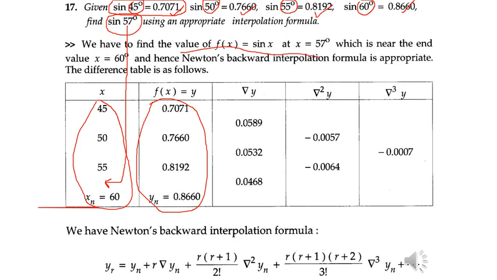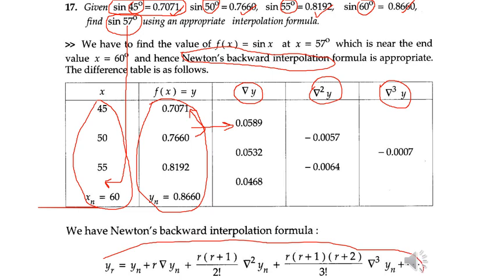So we need to use Newton's backward interpolation formula. So that's why in the table we are taking nabla y, nabla square y, nabla cube y, and the process of finding these entries remains the same. That is this entry 0.7660 minus 0.7071 and so on. So here is the formula for Newton's backward interpolation formula.